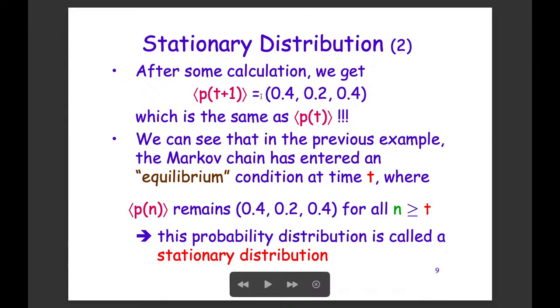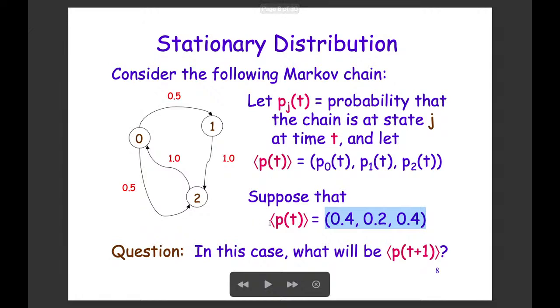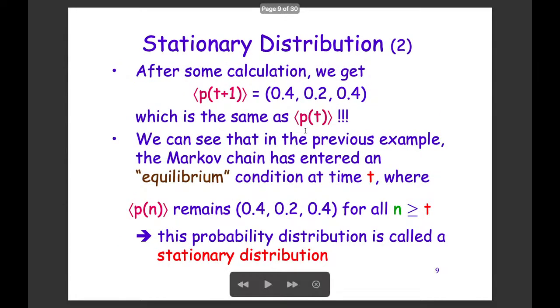So if pt represents the distribution at the current time t, then pt plus 1, the distribution at the next time t plus 1, remains the same as pt. In such a case, this is called a stationary distribution.